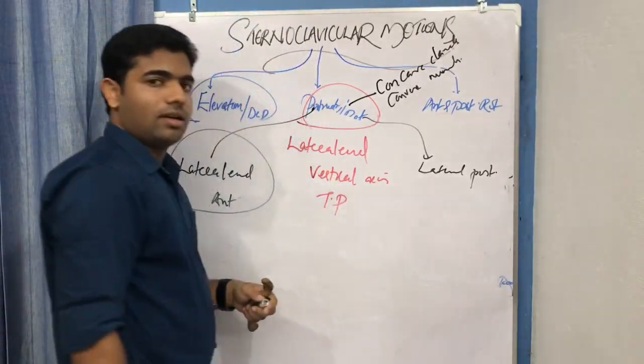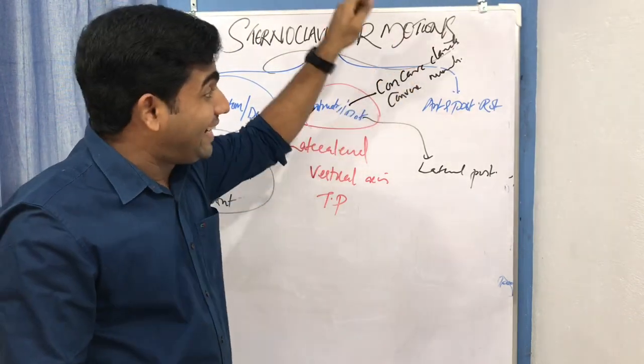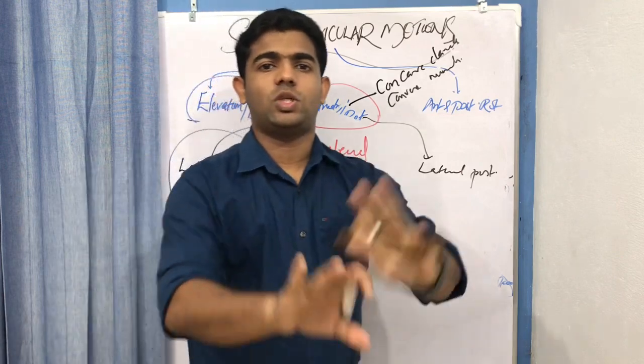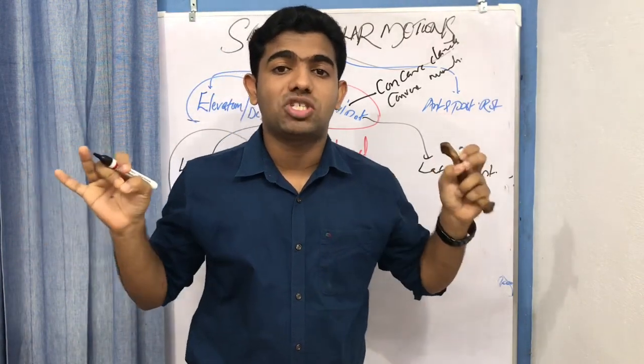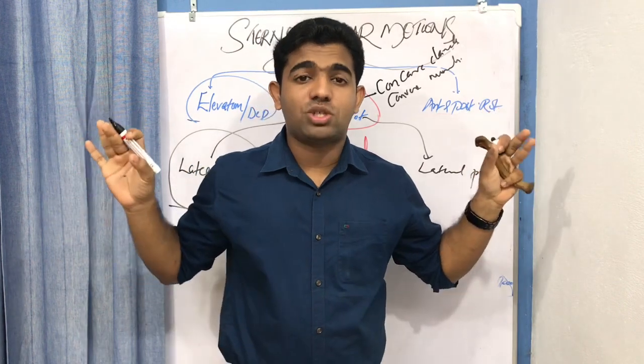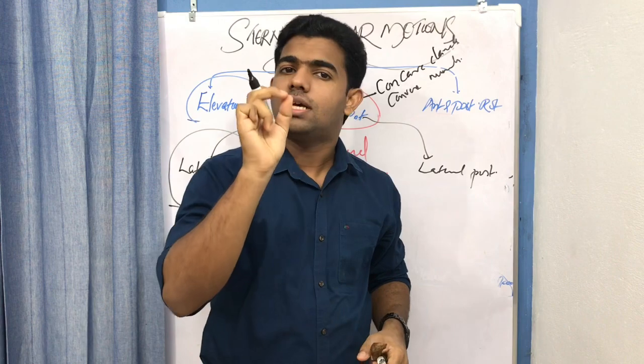Am I clear? This is the exact opposite. Here concave is moving on convex, so there is no problem. Osteokinematics and arthrokinematics occur in the same direction, that is, extra-articular and intra-articular motions occur in the same direction.